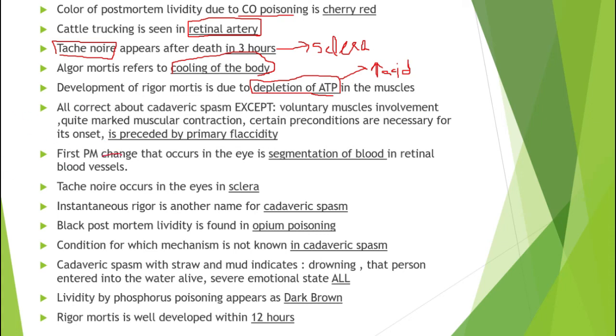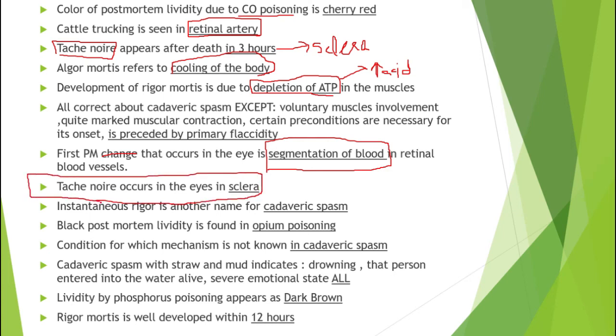The first post-mortem change that occurs in the eye is segmentation of blood, and it is called trucking. Tache noir occurs in the sclera, and like I previously mentioned, it is a reddish brown discoloration of the sclera in an unclosed eye, where the sclera remains in contact with the air, and this causes the discoloration. Instantaneous rigor is another name for cadaveric spasm. Black post-mortem lividity is found in opium poisoning. And can you recall what color of lividity is found in cyanide poisoning?